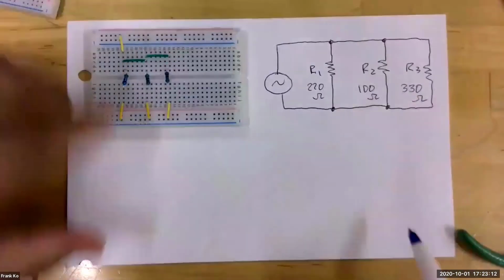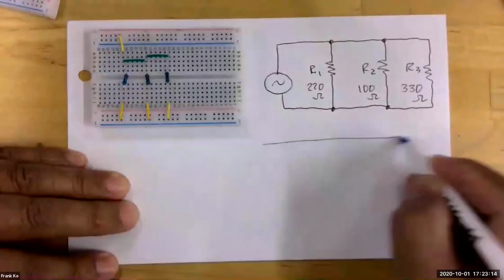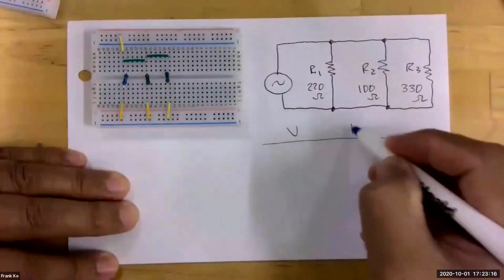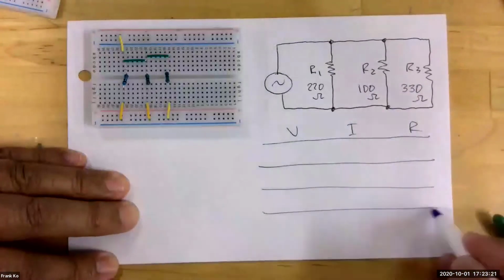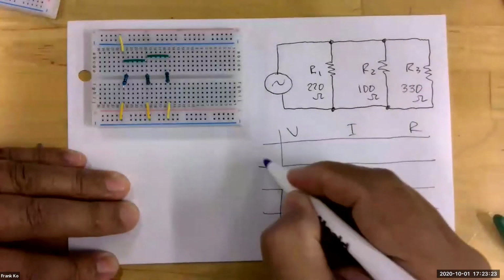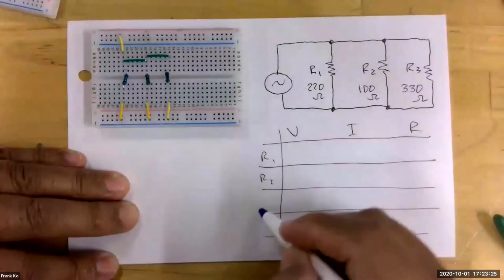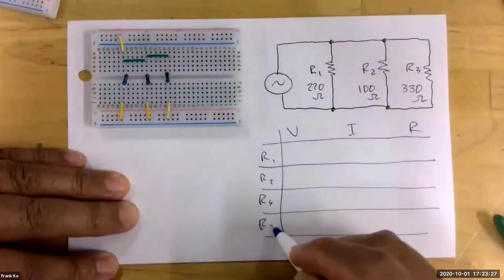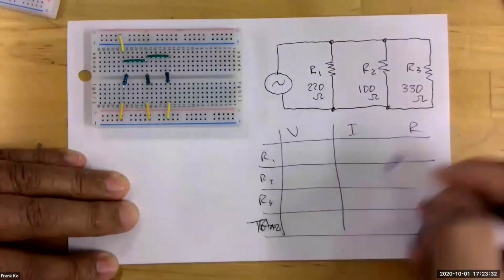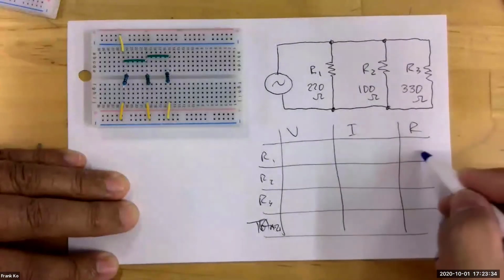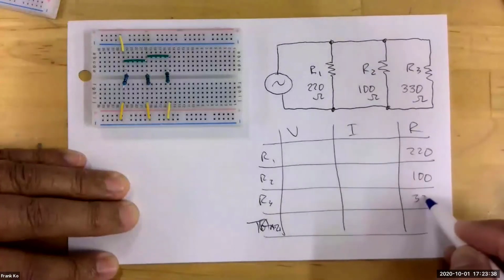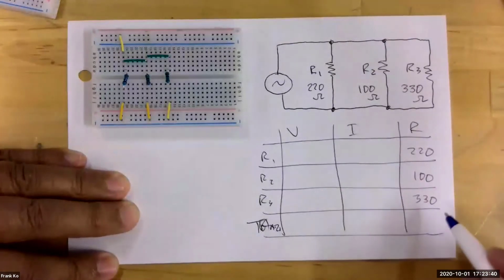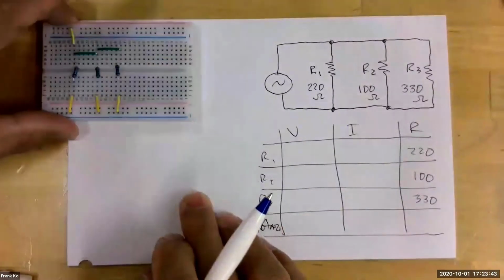So on the parallel circuit, what you need to do is a VIR chart as well. So VIR, we won't do that now, but you will do this before we meet on Monday. So you have R1, R2, R3, and totals. And then you will have these guys here. And then this will be 220, 100, 330, and you'll figure out what the RT is. Now the voltage will be this.